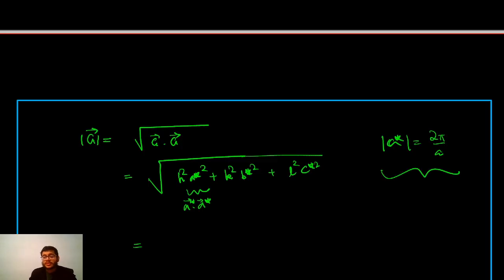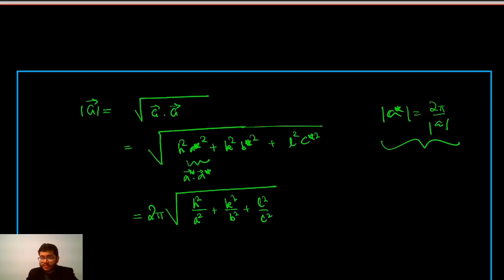And the mod of A star is just 2 pi by mod A. If you do that, you will get h square by a square plus k square by b square plus l square by c square, with a 2 pi term in front of every relation.